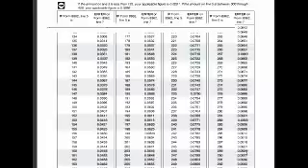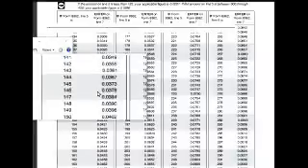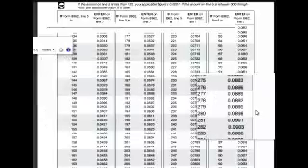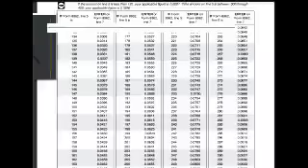Let me zoom in so that you can see what I'm talking about. That's my percentage, 290, and next to it I got 0.0927. According to the percentage you got in line 5, you complete it using this table.